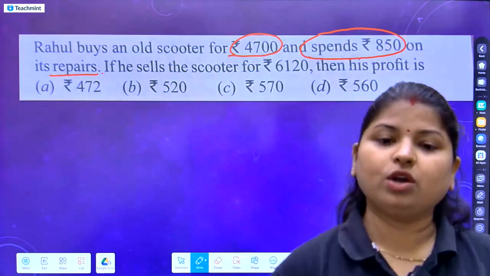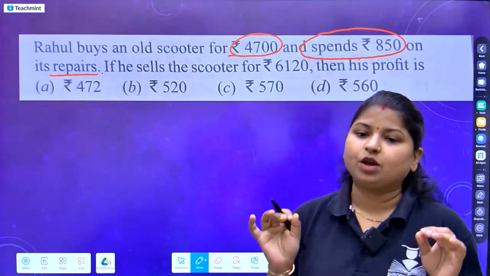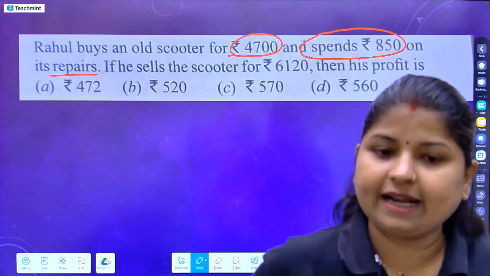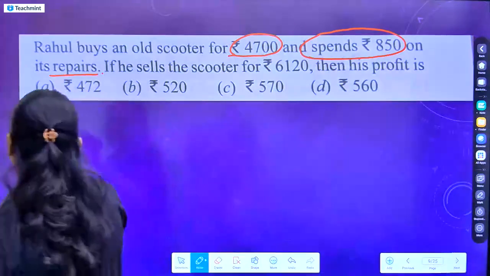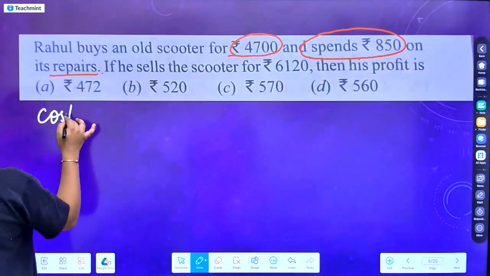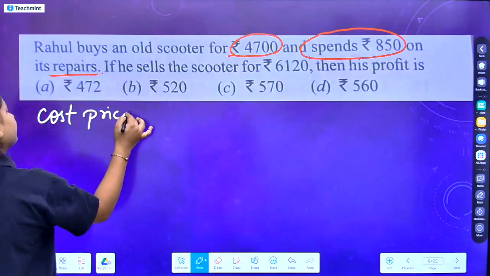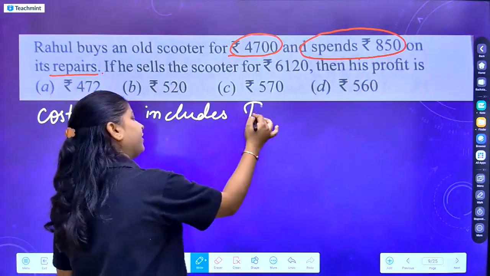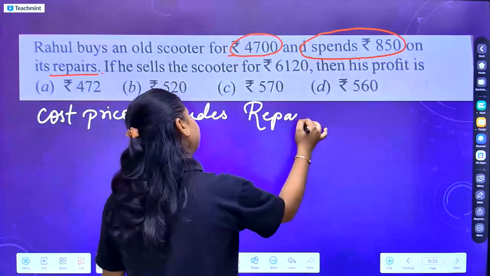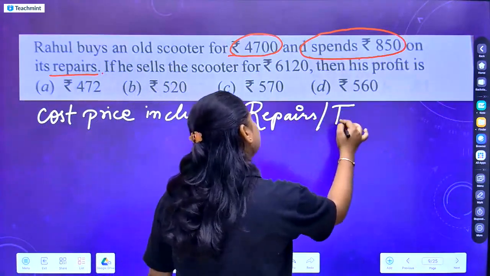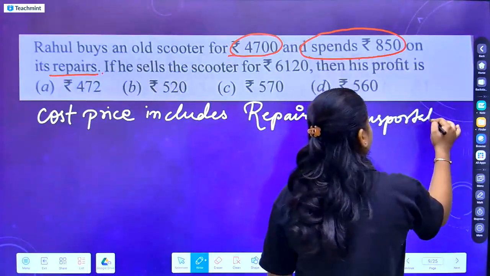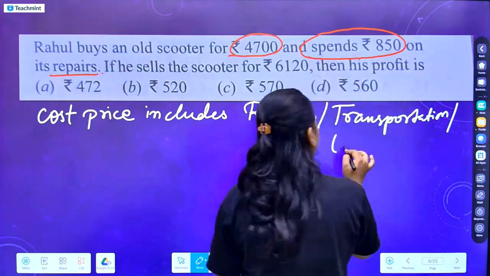Okay. So, one concept you always have to remember, that cost price includes repairs, transportation charges, or some extra kind of charges.